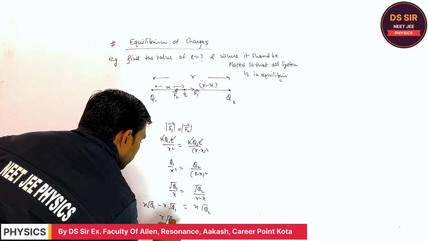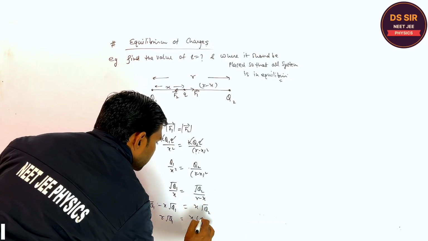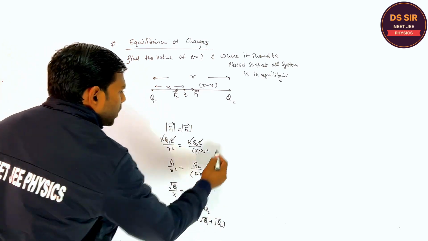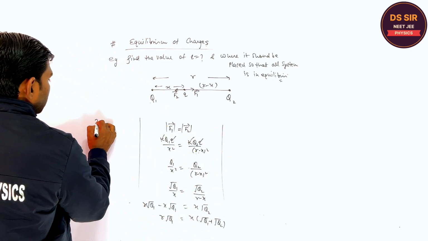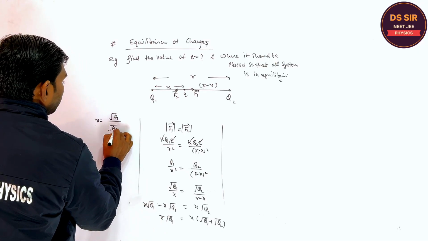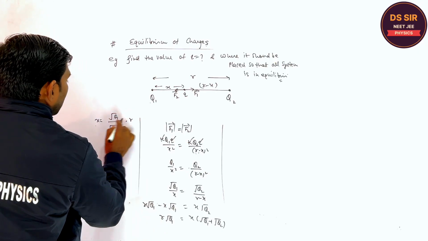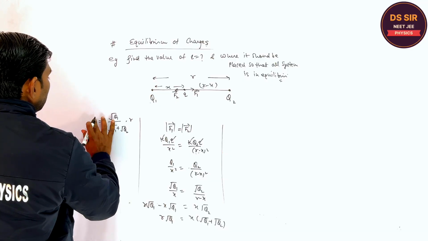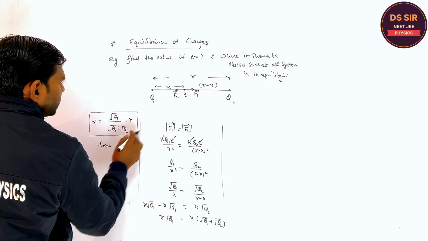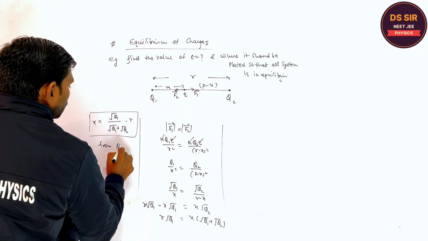So r root Q1 this side, it goes this side, root Q1 plus root Q2. So what is the value of x? You tell. The value of x is root Q1 upon root Q1 plus root Q2 into r. This is the distance of q from Q1.